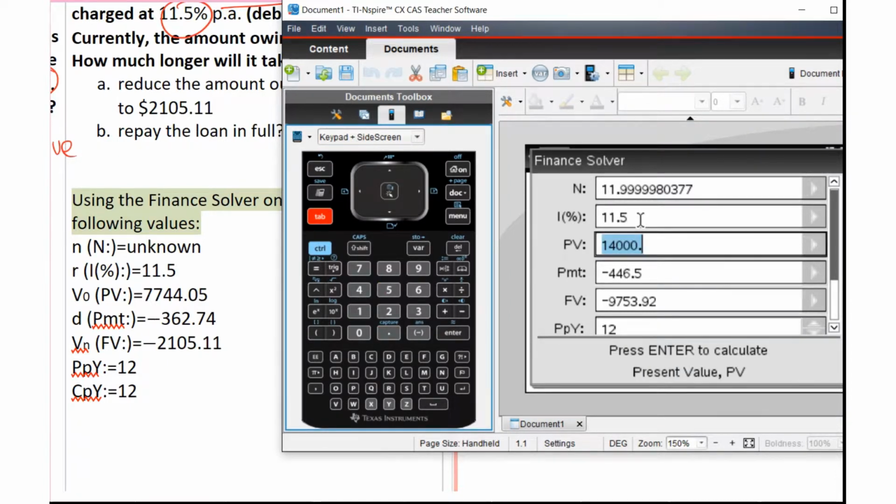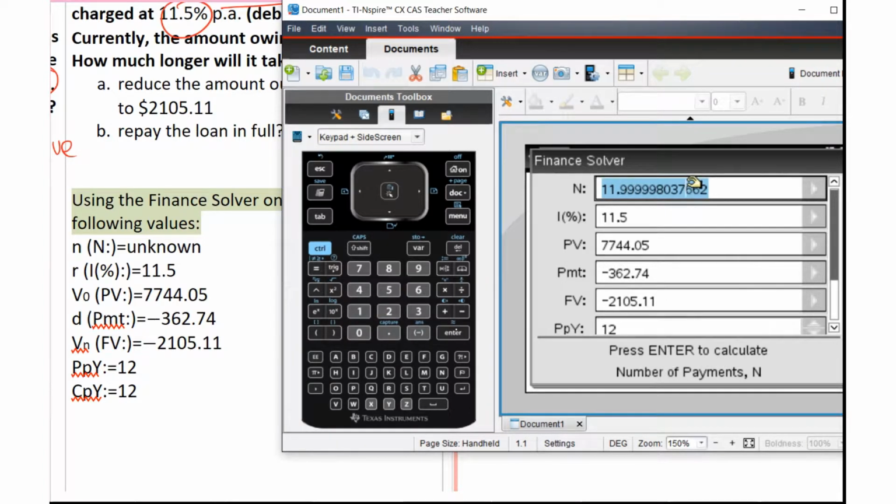What I've got left is 7744.05. I'm paying negative 362.74. Negative 2105.1111. Still payments per year.